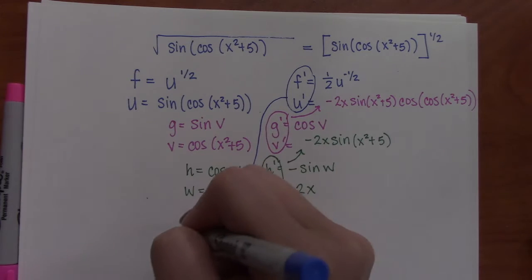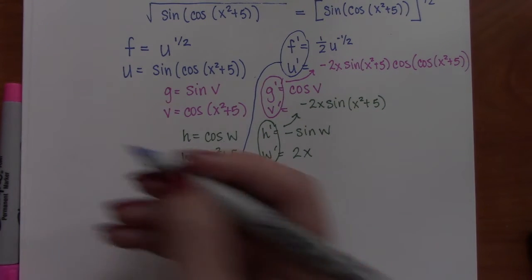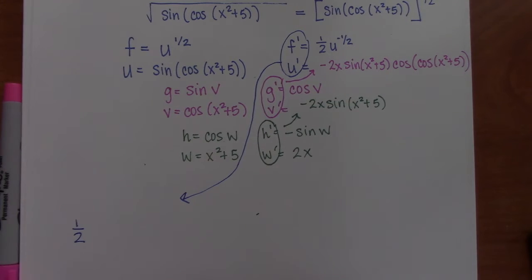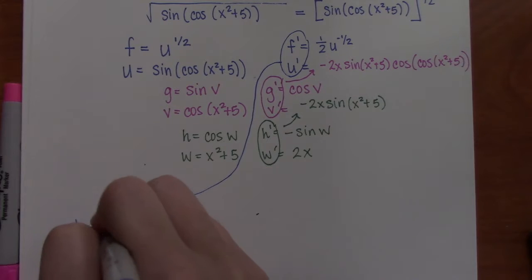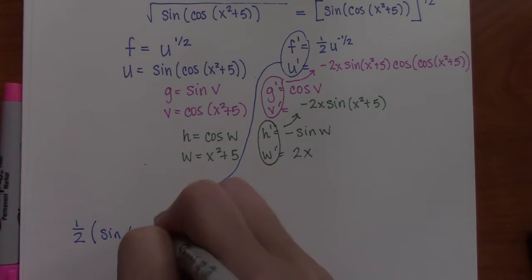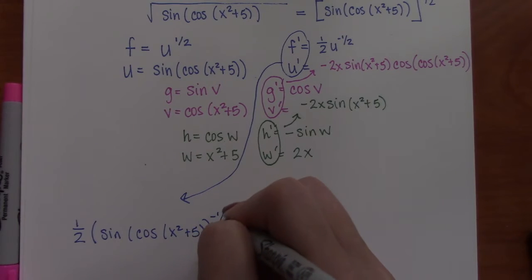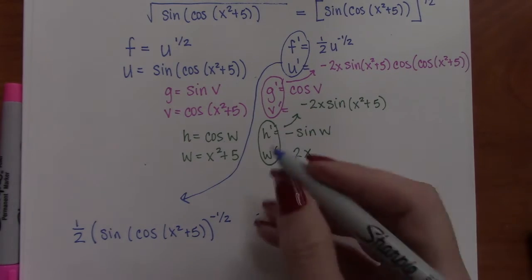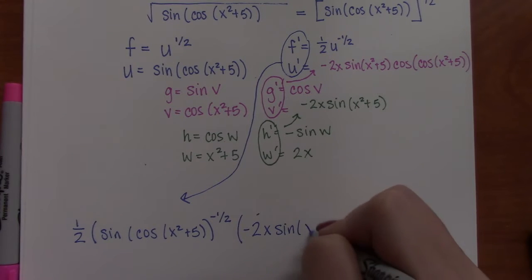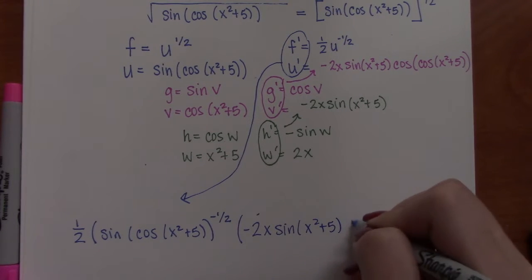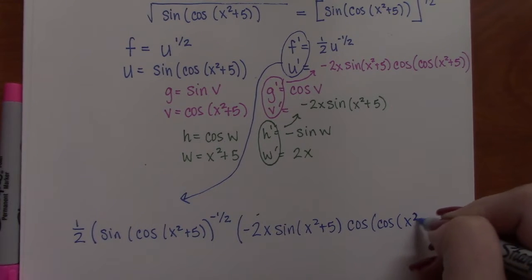Just for room, I'm going to write it down here because it's going to be pretty long. So this is 1/2 u, which is right here, sine of cosine of x squared plus 5 to the negative 1/2 times u prime. So times negative 2x sine of x squared plus 5 times cosine of cosine.